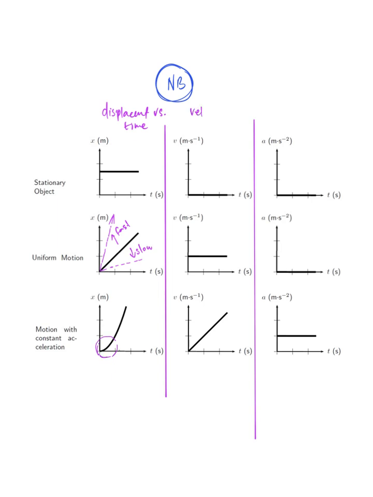In the velocity versus time graphs, if it's on the x-axis here, it means I have an acceleration equal to 0. If it's flat, I also have an acceleration equal to 0.